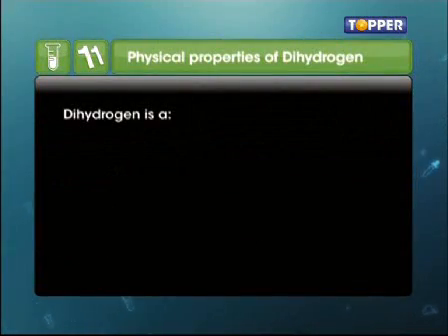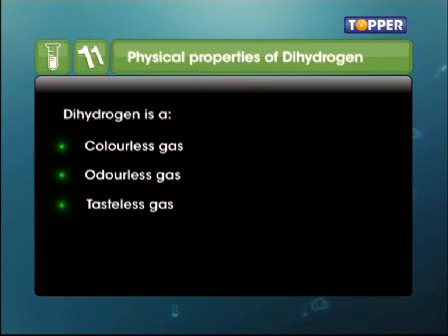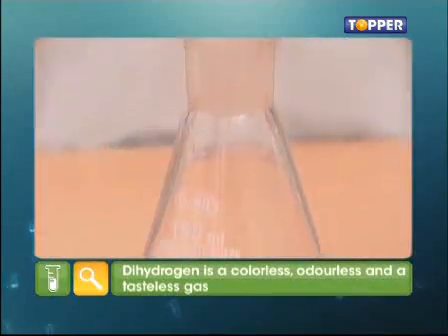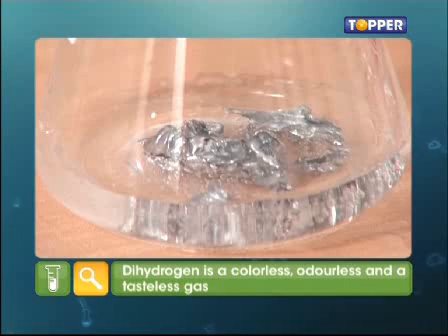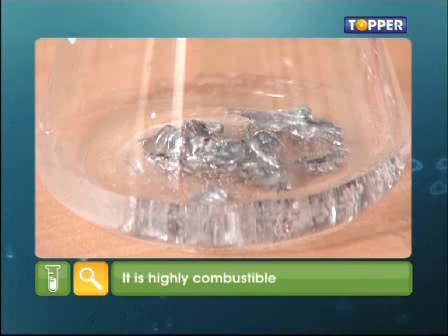Those were some of the methods of preparation of hydrogen. Now let's study its properties. The first property of dihydrogen is that it is a colorless, odorless and tasteless gas. Remember, when we added zinc granules to dilute sulfuric acid, the gas evolved was colorless. It is also highly combustible.